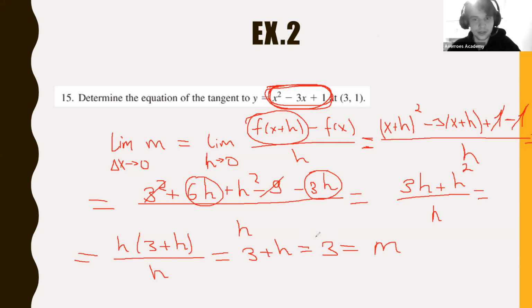How can we find the equation? Any suggestions? The equation of the tangent. You have everything. You would do y equals, and you have m, so it'd be 3x plus 1, wouldn't it?